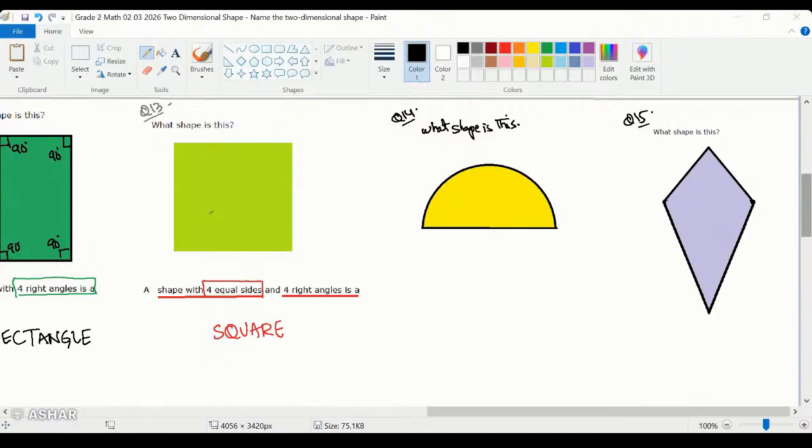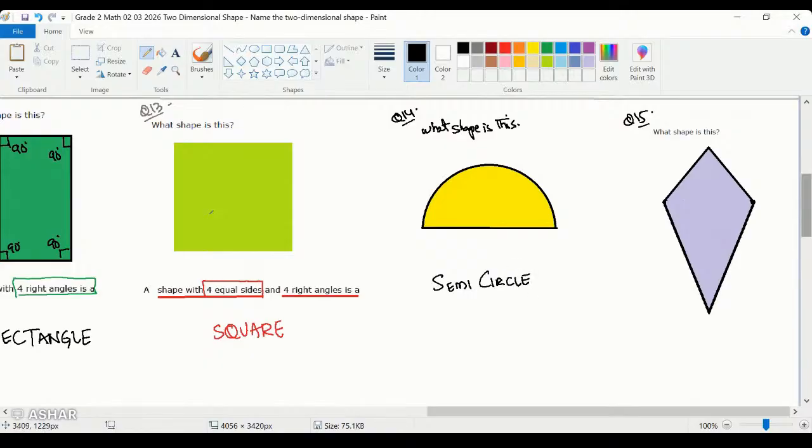A half of a circle is known as, this is a half circle, right? Perfect, thank you. Thank you, Sammy. Thank you, May. This is a semicircle.